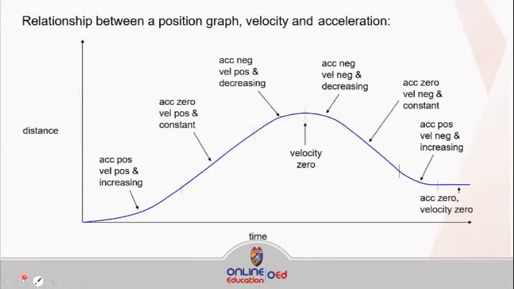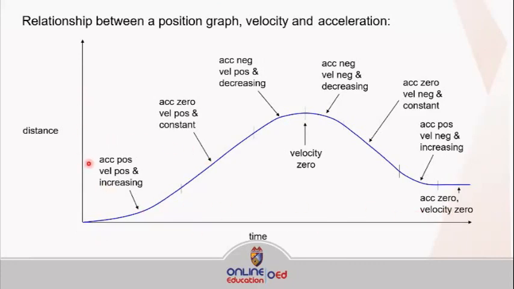And then this is the relationship between the position graph, the velocity, and the acceleration. This is the graph for the distance, and this is for the velocity.